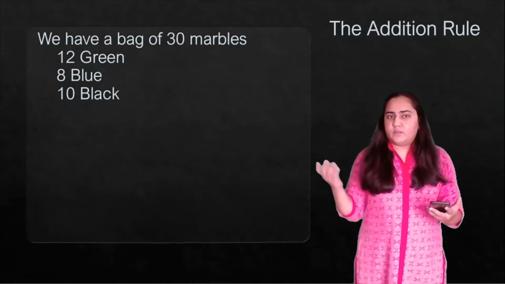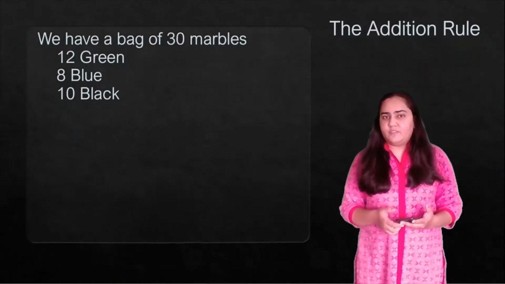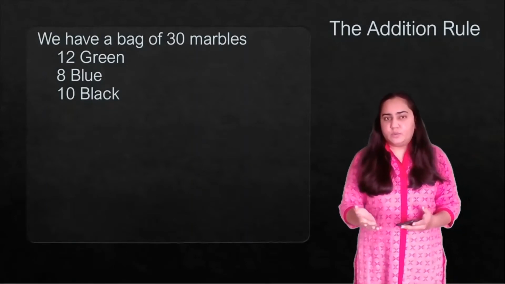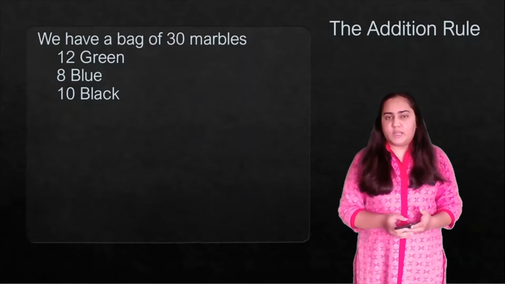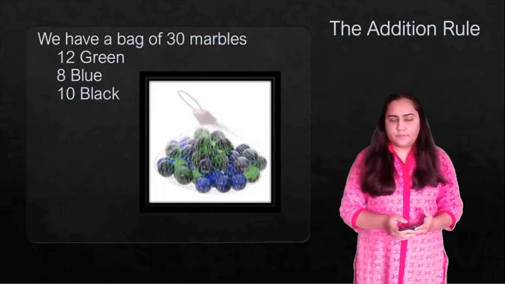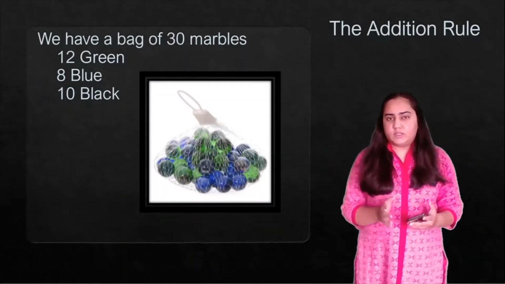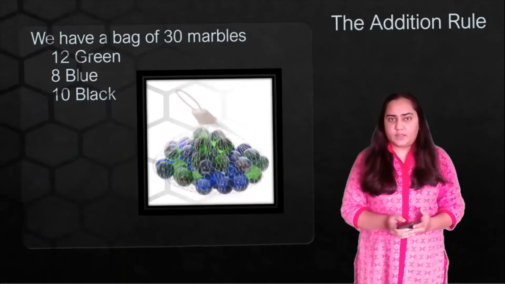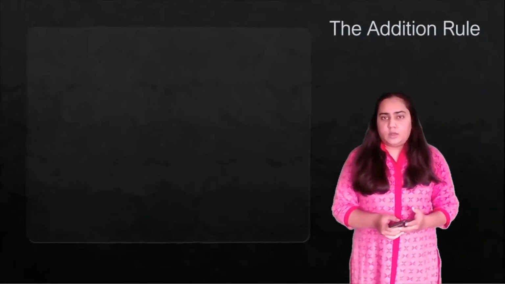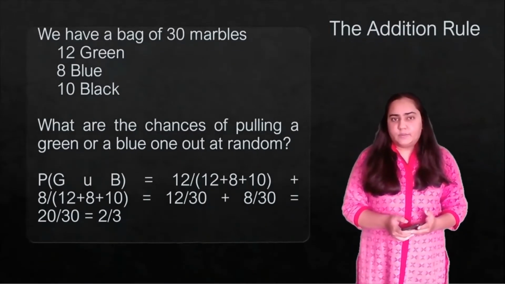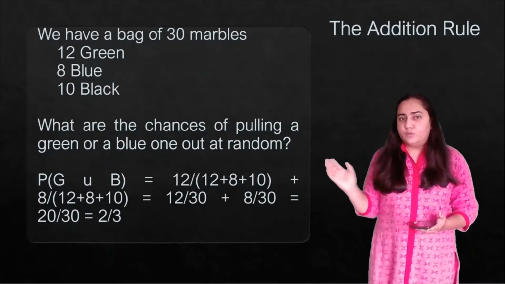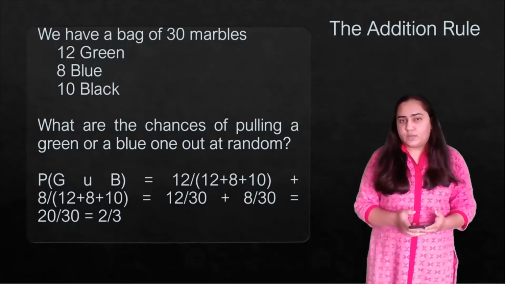Now let's take another example. We have a bag of 30 marbles. Out of that, there are 12 green marbles, 8 blue marbles, and 10 black marbles. So this is the bag of marbles: 12 green, 8 blue, and 10 black, and totally 30 marbles. Now what we want to find out is what are the chances of pulling a green or a blue marble out at random.